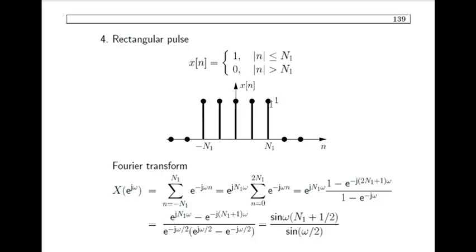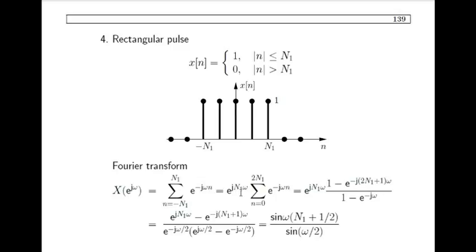So as you can see, it is the rectangular pulse. If I try to find the Fourier transform, then it will be the summation from n equals minus n1 to n1, because the signal is valid from minus n1 to n1 only, of e to the power minus j omega n. Here x of n has been put as the value 1.